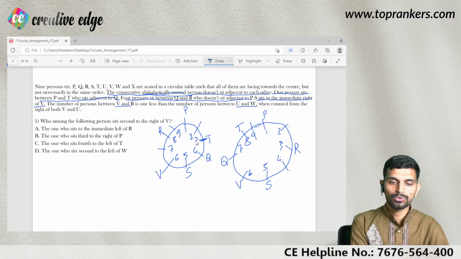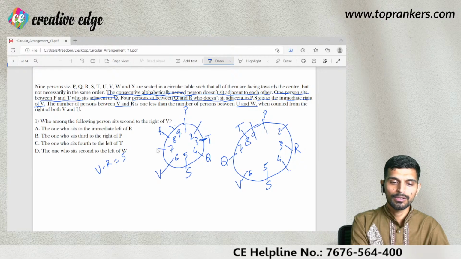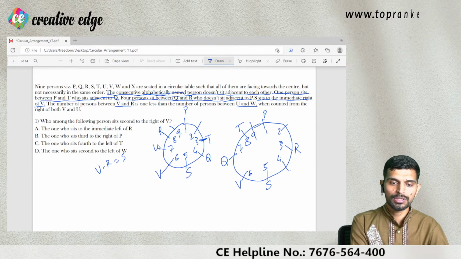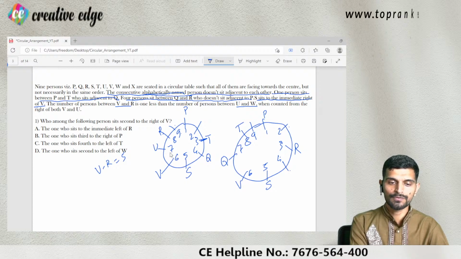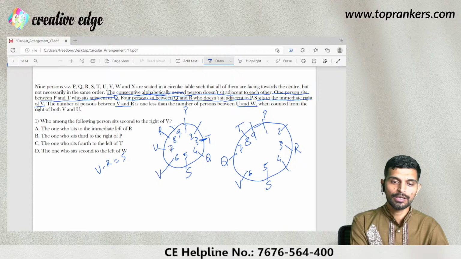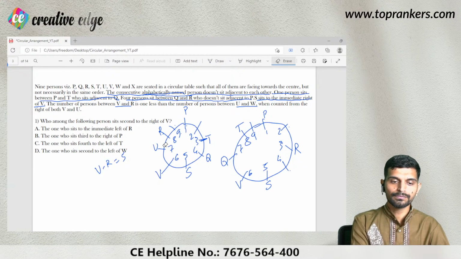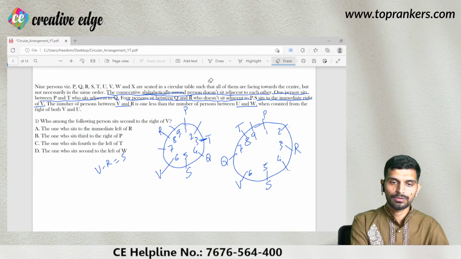1, 2, 3, 4, 5, and this is 6. So V and R have 5 people in between. So I have to place U and W in such a manner that there are 6 people. So if I place U here, 1, 2, 3, 4, 5, 6, that cannot be the position, right? This cannot be the situation.